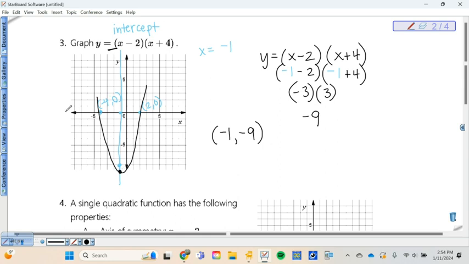So if my vertex is here, it's going to be like up 1 over 1, and then up 2 over 2, and then go up 3, we have to go up 9. That's good. So that's our parabola.